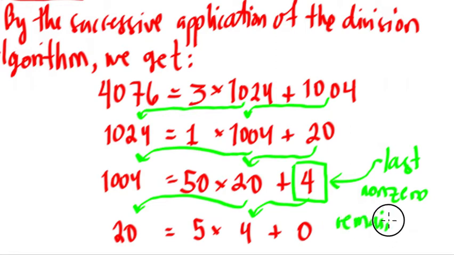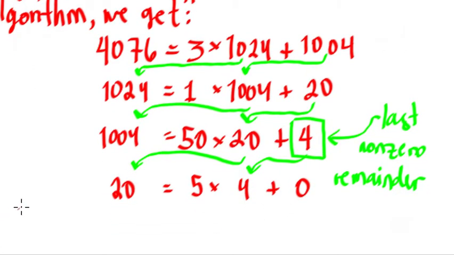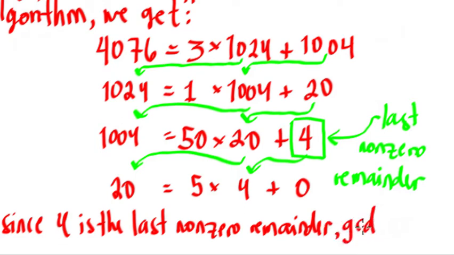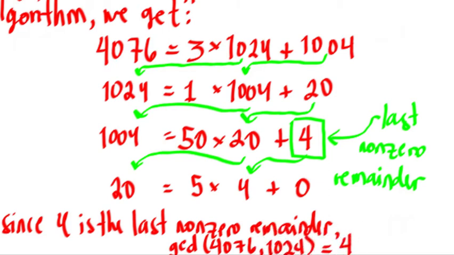So take note, if this is our last non-zero remainder by the Euclidean algorithm, we can say, since 4 is the last non-zero remainder, we can therefore say that the GCD of 4076 and 1024 is equal to 4. And this is our answer for this illustration of the Euclidean algorithm.